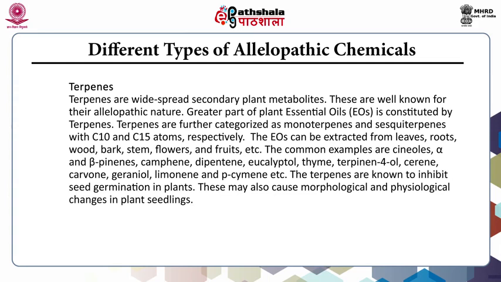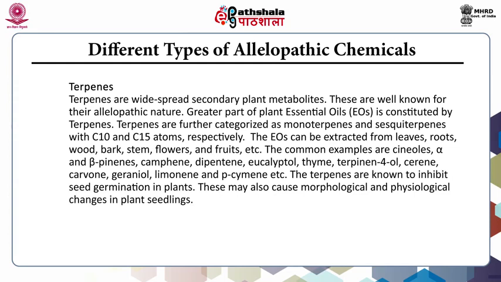Coming to the next class, terpenes. Greater part of essential oils is constituted by terpenes. Terpenes are categorized as monoterpenes with 10 carbon atoms and sesquiterpenes with 15 carbon atoms respectively.